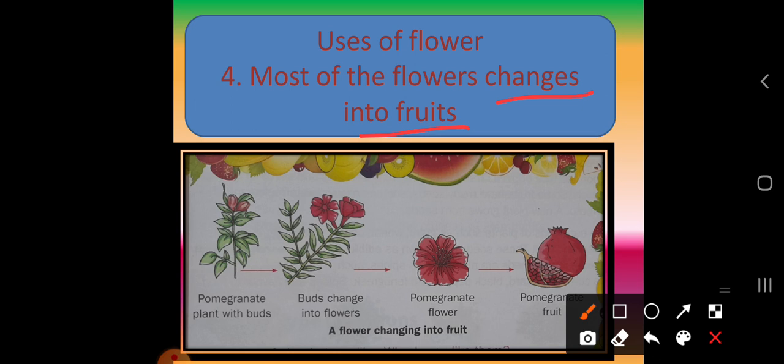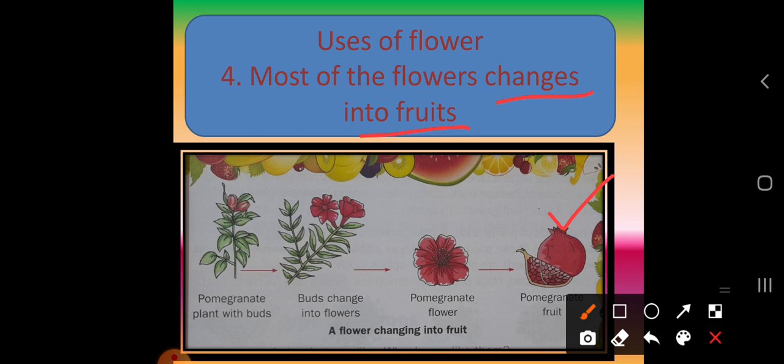Let's take an example where the flowers change into fruit. You can take a pomegranate. How is the pomegranate? It is very sweet as well as red diamonds. The seeds of pomegranates are usually called red diamonds, because the color of the seeds is very attractive.